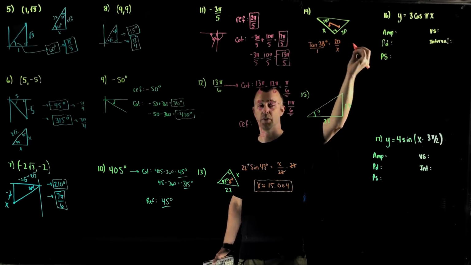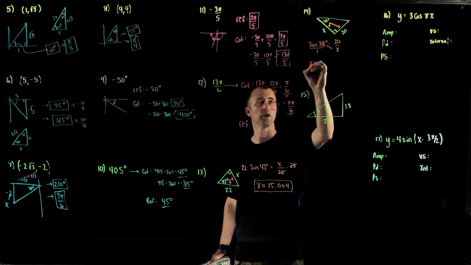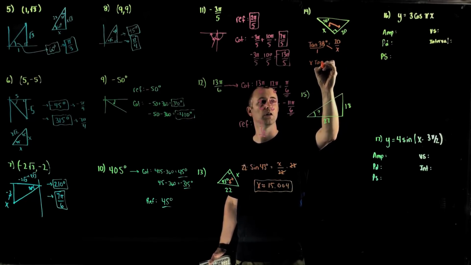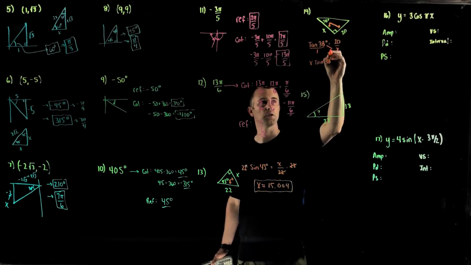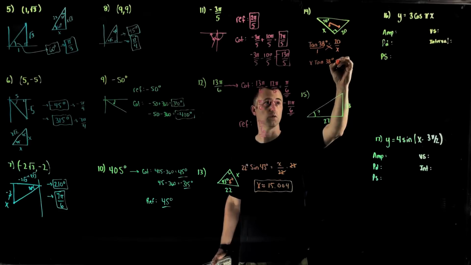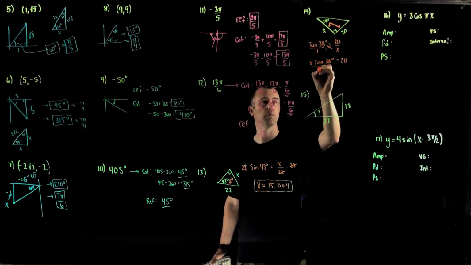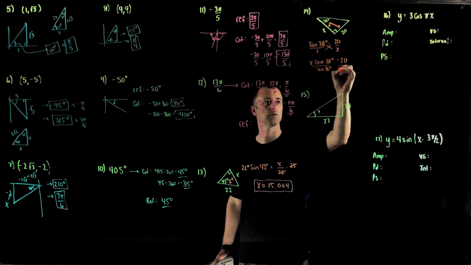You're multiplying both sides by x, or you can think of it as a cross product. I don't care, but you're going to end up with x tangent 38 degrees. If I'm doing this like a proportion, that's going to equal that cross product. So that's going to equal 20. And to solve for x, we're going to divide by tangent of 38 degrees.